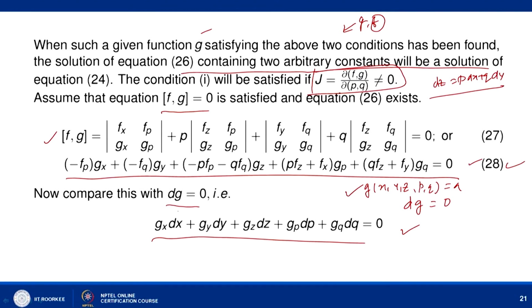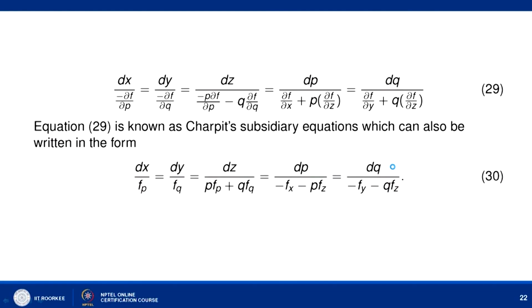dx upon minus fp, dy upon minus fq, dz upon minus pfp minus qfq, dp upon pfz plus fx and dq upon this quantity, and we have a set of equations which is known as equation number 29, and we call this the Charpit subsidiary equation.